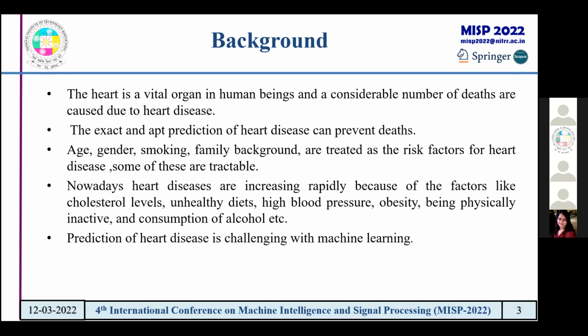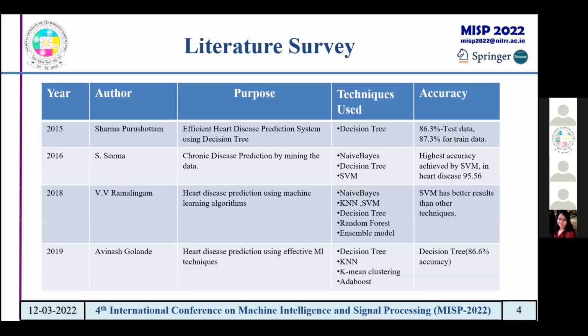The heart is a vital organ in the human body, and there are a considerable number of deaths due to heart disease. There are many factors, such as age and gender, which add to this heart disease. This paper deals with the prediction of heart disease using machine learning models.